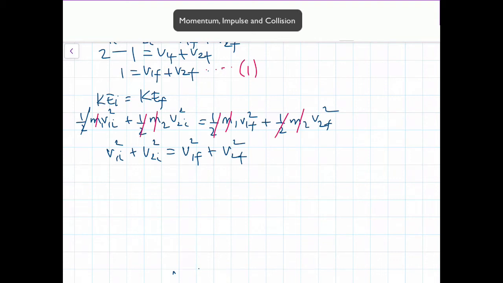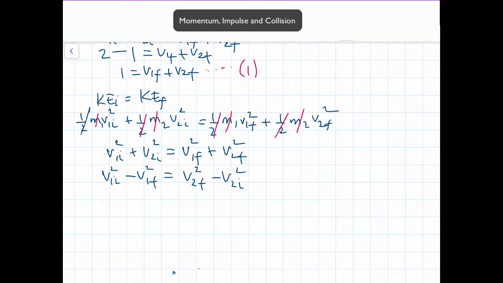Then from this equation you can do some kind of rearrangement. So what are you going to rearrange? Probably you can take the ones together. That means v1 initial squared minus v1 final squared equals v2 final squared minus v2 initial squared.